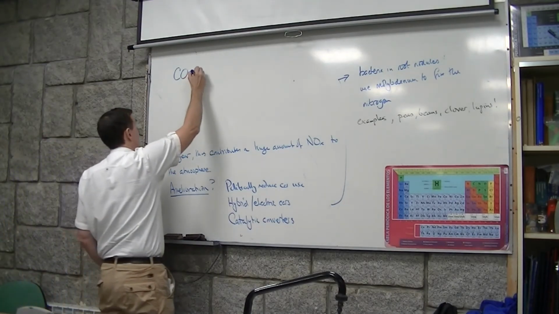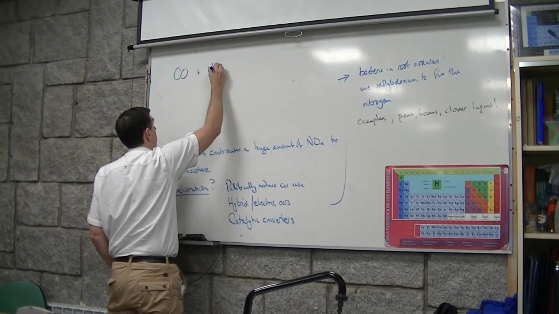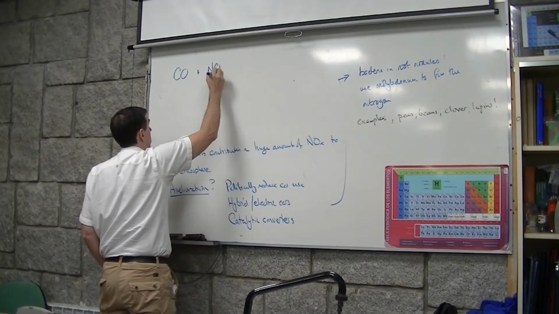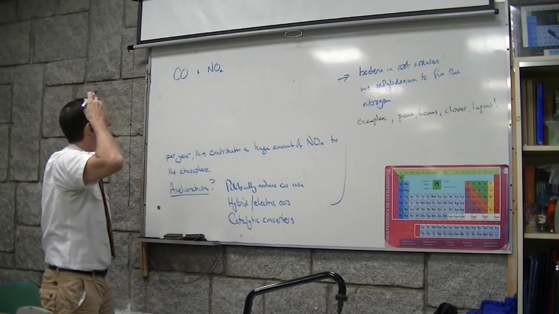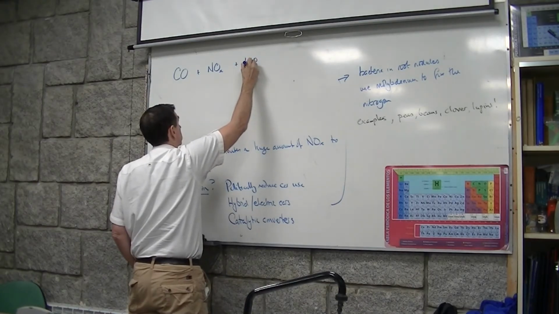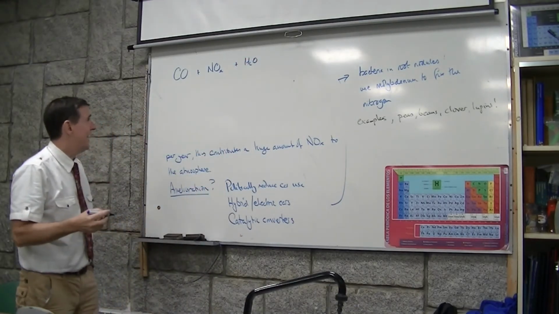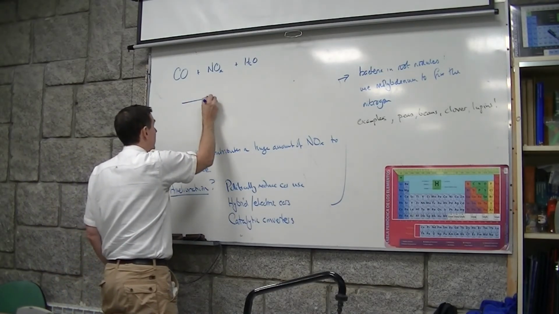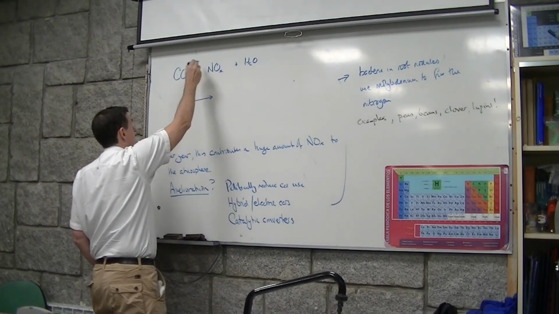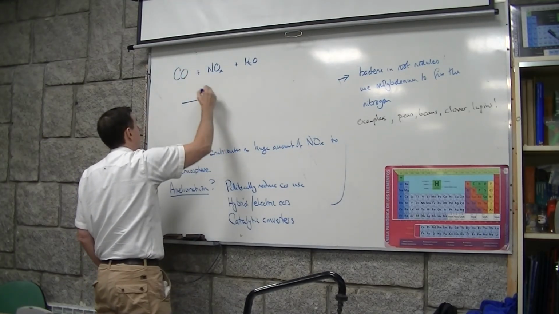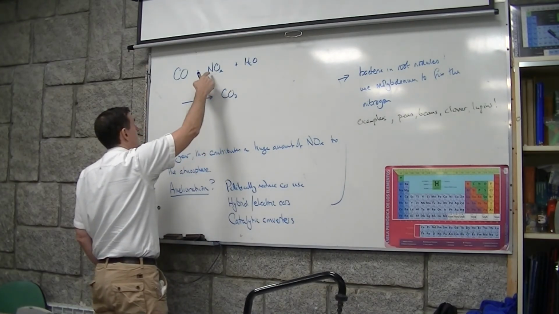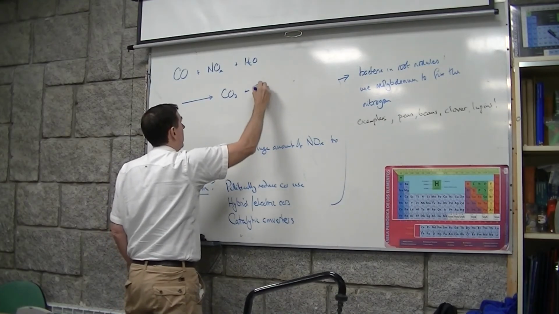Another is nitrogen oxides, NOx. Another is water, from burning the fossil fuels. So a catalytic converter will take oxygens, give them to the carbon monoxide to make carbon dioxide, and it will leave the nitrogens on their own.